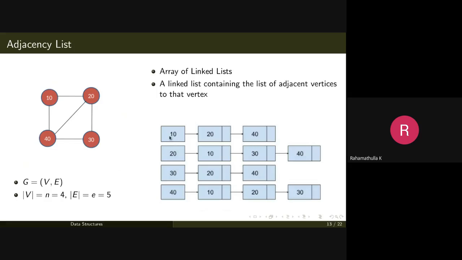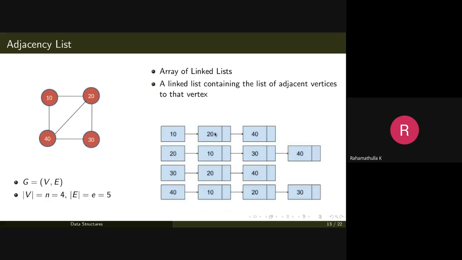Corresponding to vertex 10, you will have a linked list. For 20, there is another singly linked list, for 30 another, and for vertex 40 also there is one more singly linked list. The first edge from 10 to 20 is represented as a node in the singly linked list. So the data item will be 20 and the link from there will point to the next node connected from 10, that is 40.